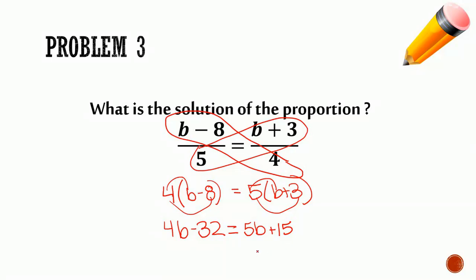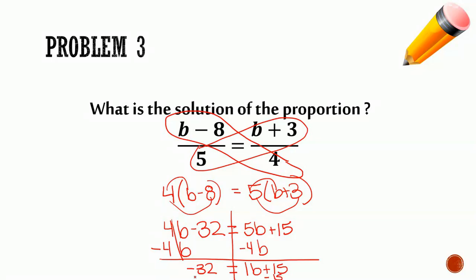Now let's start to solve here. I've got to get my b's on one side and my numbers on the other. To get my b's to the same side, I've got to subtract 4b. So I'm left with negative 32 equals 5b minus 4b, which is 1b. Then I've got to subtract 15 from both sides.